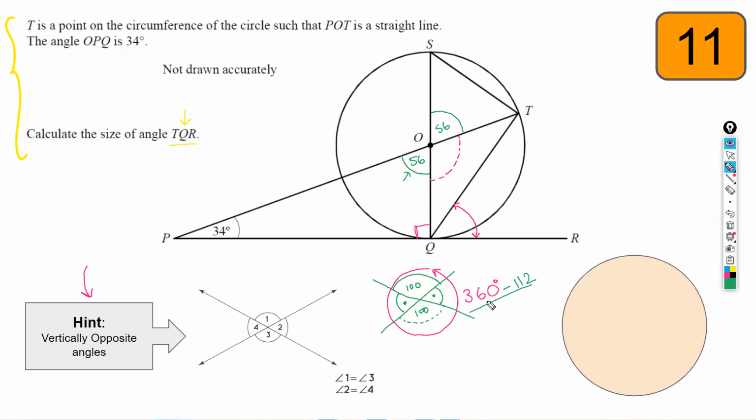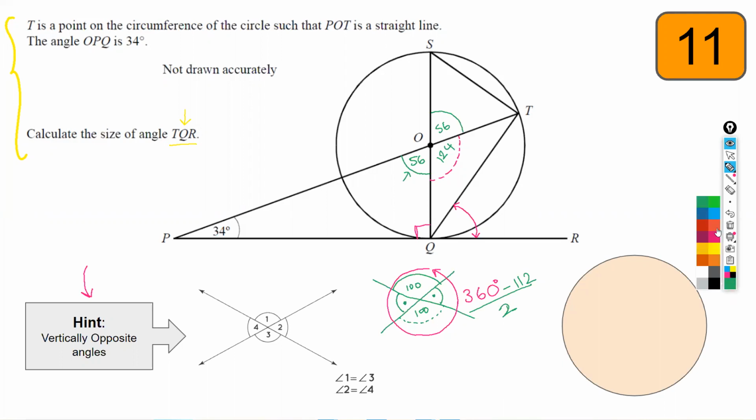So when you minus this, you're going to divide the answer by 2 to get this angle here, which is also equal to the one opposite it. So 360 minus 112 will give us 248. If we divide that by 2, we are getting 124. So this angle here is 124.